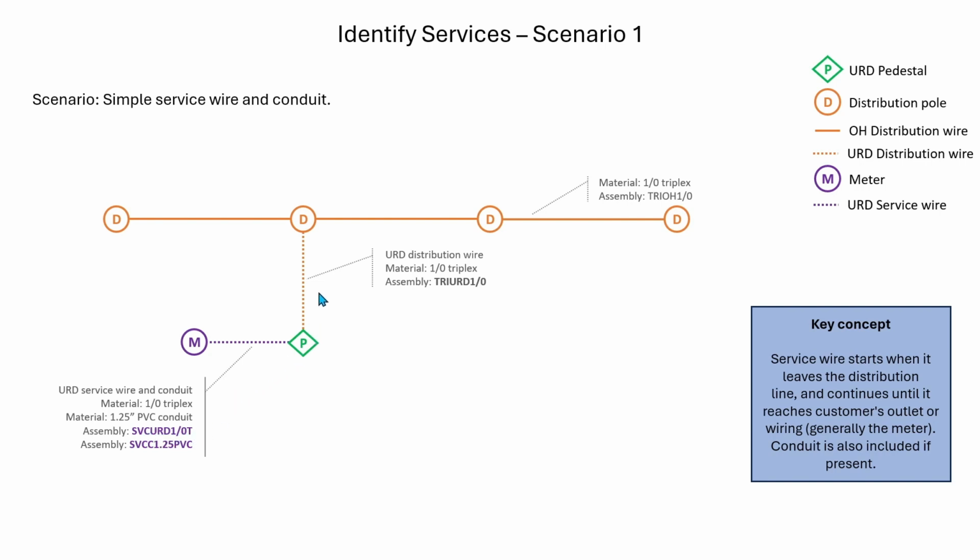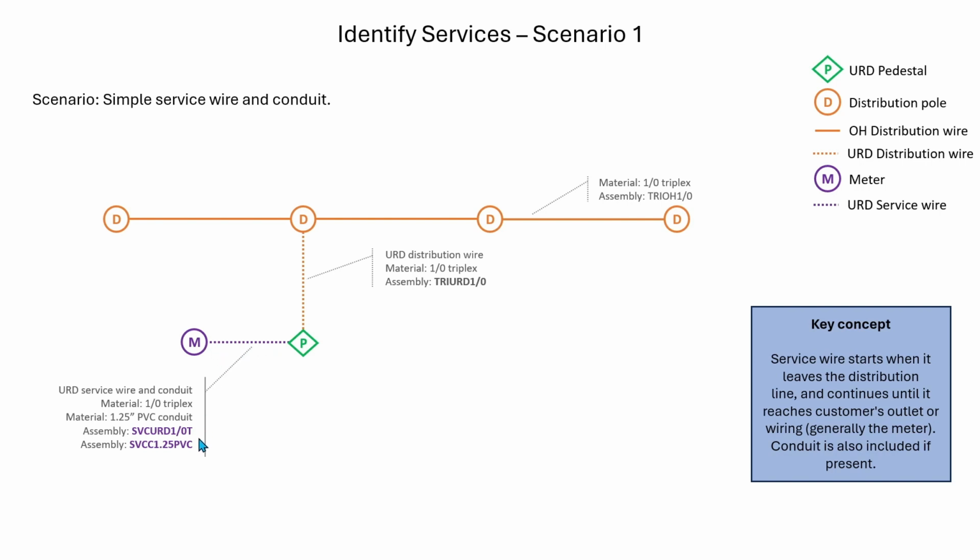So just like in our definition, from the point of the last pole, or in this case pedestal, to the customer's wiring or outlet or meter, then that portion only is going to be considered to be the service wire.